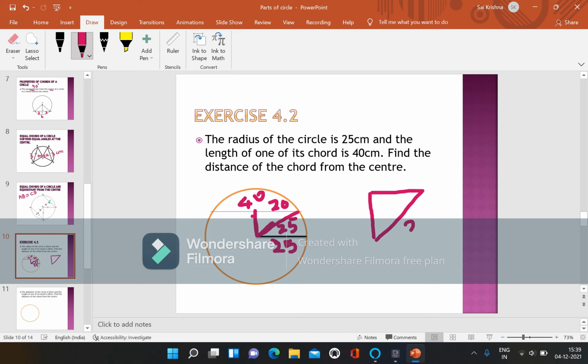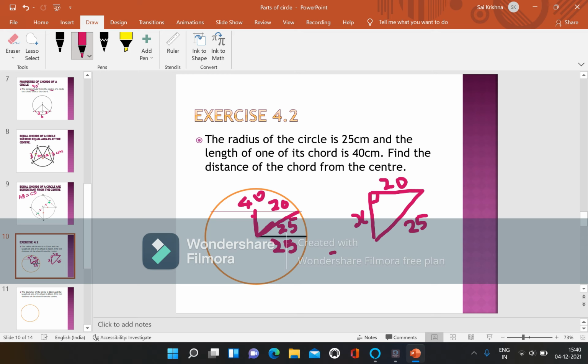So this is 25 and this line is 20, and we have to find this x. As I said, this line makes 90 degree. Based on the Pythagoras theorem, the hypotenuse square will be equal to the sum of the squares of the other two sides.